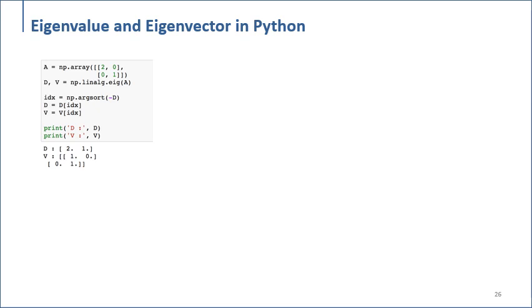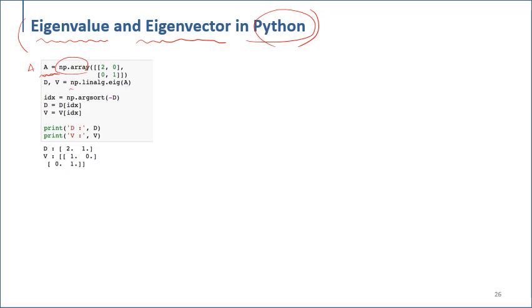And as we are dealing with the basics of artificial intelligence, we're gonna implement calculating eigenvalue and eigenvector in Python code. So here, let's first define the A matrix. By using the np.array function, we first defined the A matrix.